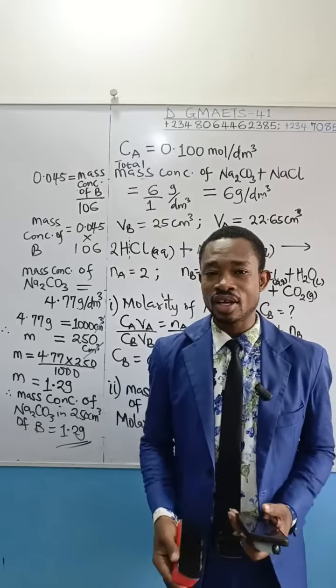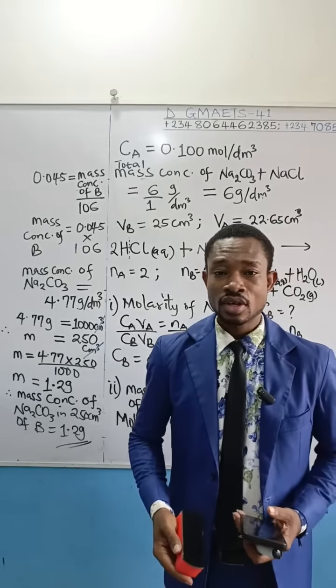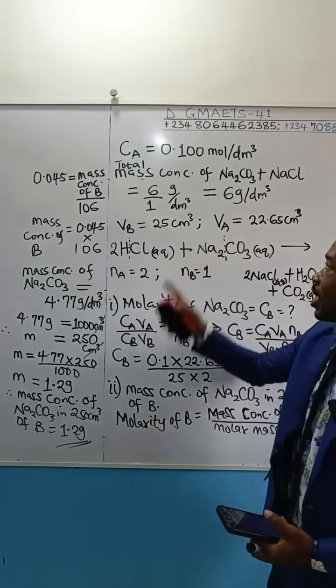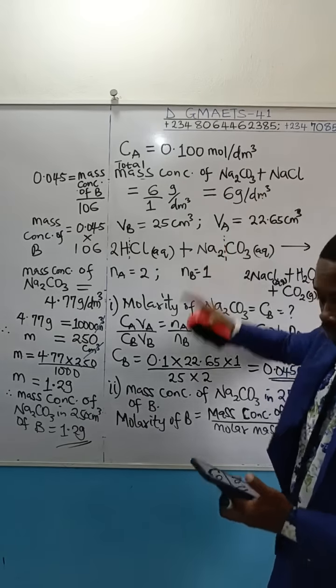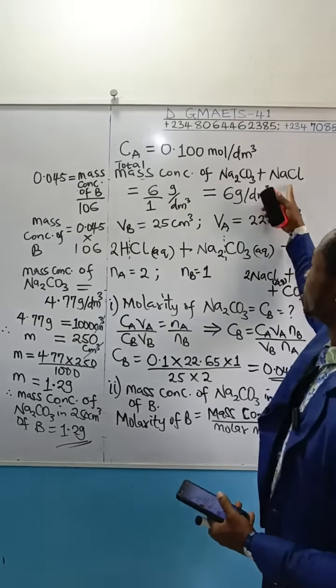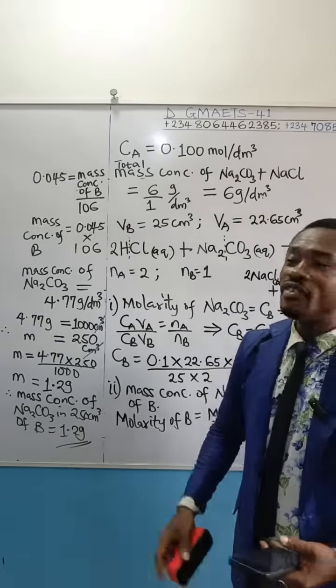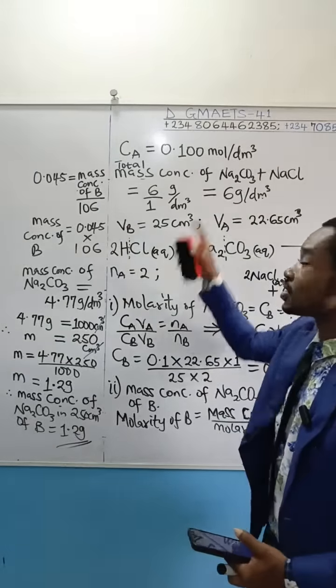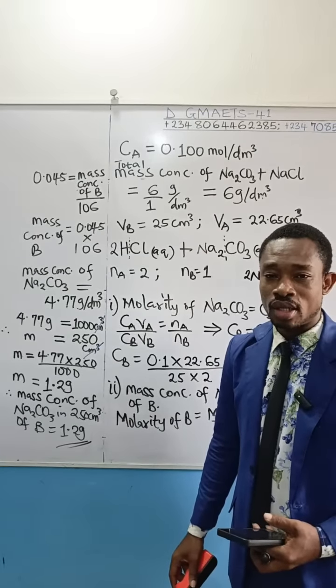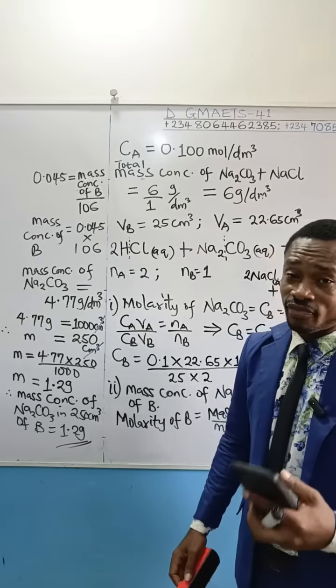That is how you calculate the percentage of any substance in a given solution. So since we are to calculate the percentage by mass of sodium chloride in this mixture, it is simply going to be the mass of sodium chloride in this mixture divided by the total mass, which is this 6 grams, and then multiply by 100. That's the formula we're going to use.